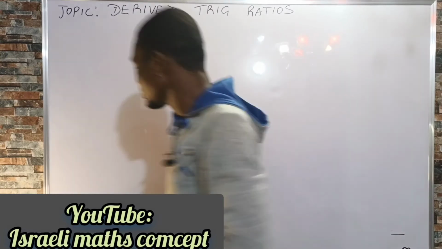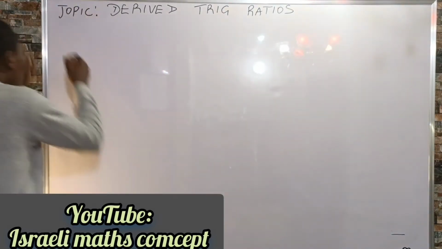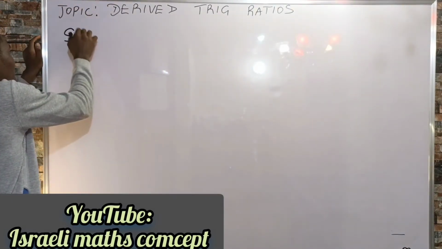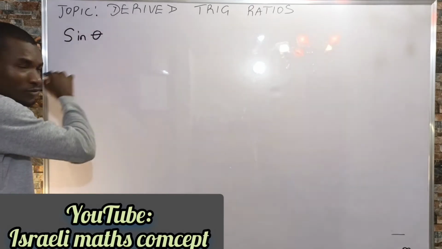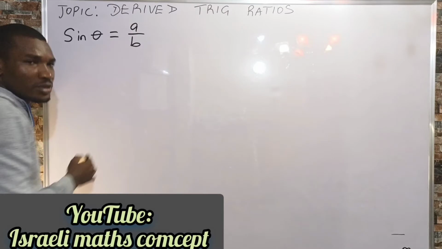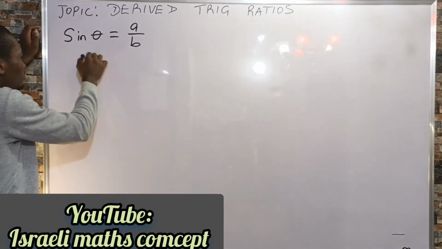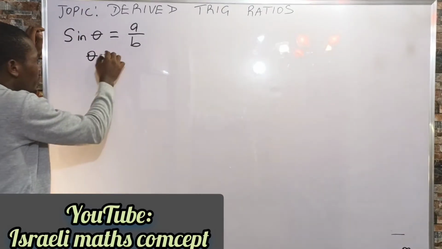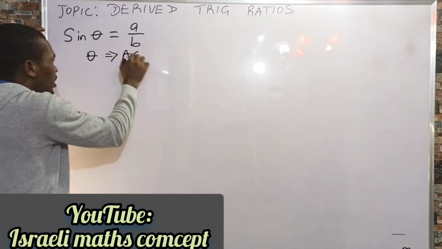Let's say for instance that we are given the sine of an angle theta to be A over B, and we are told that our theta is an acute angle.